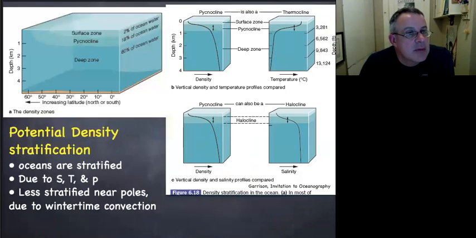And we talked about this in terms of the pycnocline and halocline from before, that the pycnocline is really the change in density at these intermediate depths. So the pycnocline going up and down means you've either got a lot of light stuff, the surface layer above the pycnocline, or a bunch of dense stuff from the deep zone getting lifted upward. That's how we got bricks down here, pillows up here. So changing depths of the pycnocline is changing the transition point between pillows on top and bricks at the bottom.